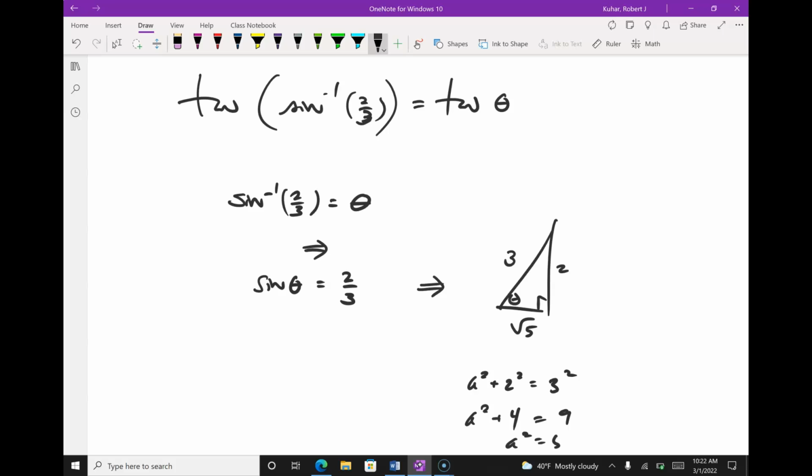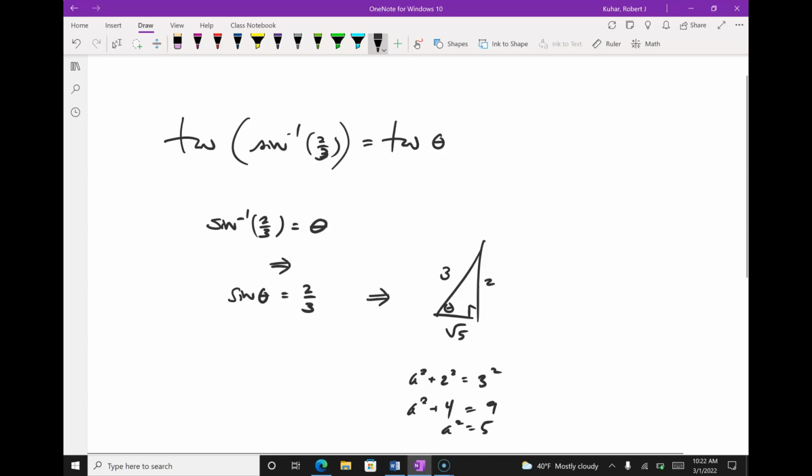A squared equals 5, right? Square root of 5. Well, we didn't do a derivative here, but again, this is the thought. They just want to know what the tangent of this is. So we're done, right? Tangent is what? 2 over rad 5. If I rationalize, I get 2 rad 5 over 5.